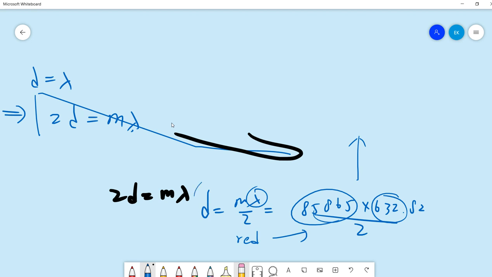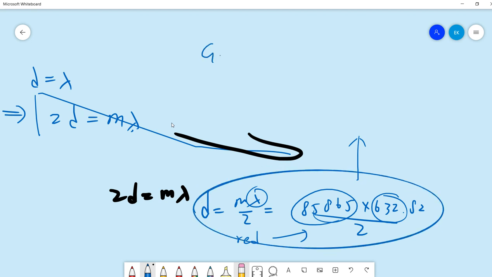And for the green, we get similar results: lambda equals 2d divided by m.